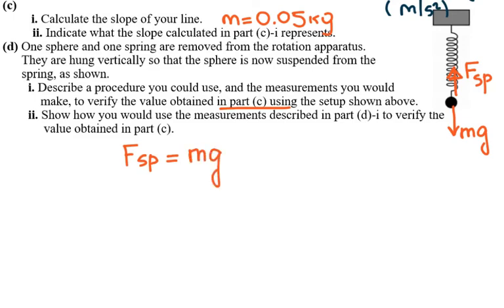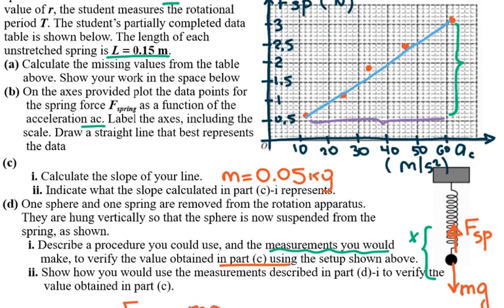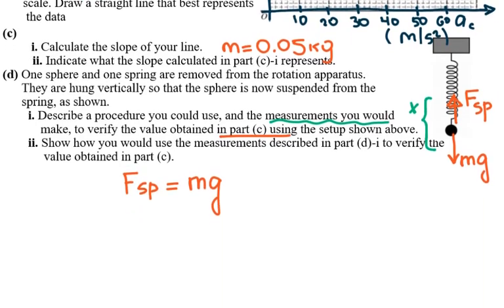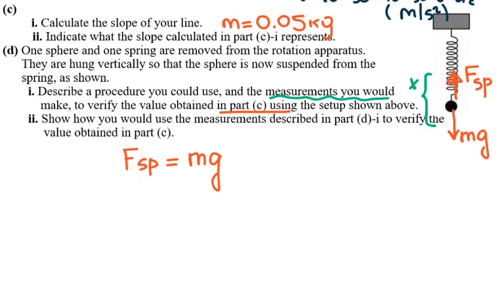Describe the procedure you could use and the measurements you would take. In this case, you would have to measure by how much the spring would stretch from its equilibrium position, the one that they gave you earlier, where L is equal to 0.15. F of the spring is equal to Kx, and then you have mg.